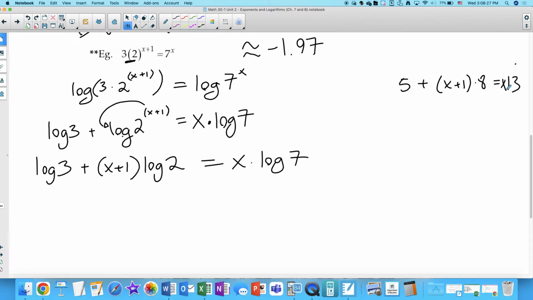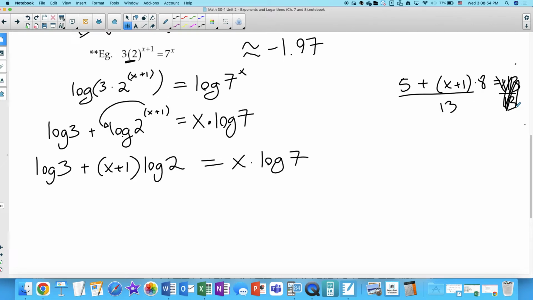But what would you do here? Okay, so that's the same sort of thing that was being said. If I divide by 13, I'm going to have x equals this, but I'm still going to have an x on that side. Right? Can you distribute the log? Yes. Distribute, expand. Whenever you have brackets like this, expand everything.